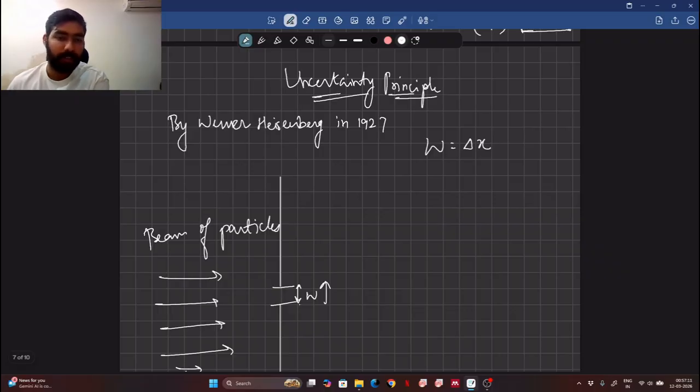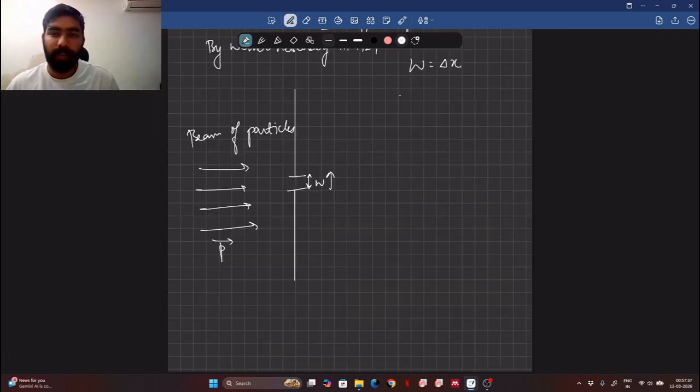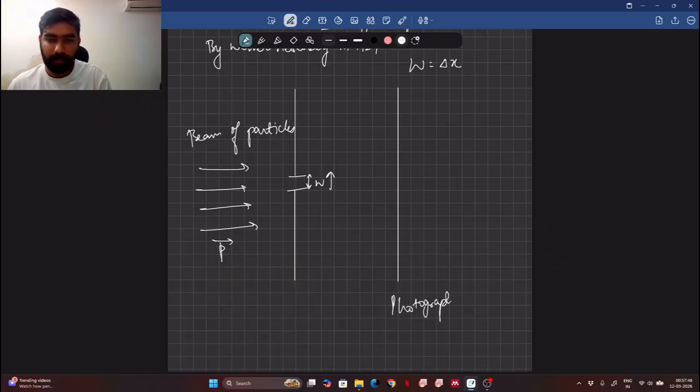So here we are changing the width, we are increasing the width, and we are basically seeing what will happen to the beam of particles when we increase the width of the slit. Okay, and there is a photographic plate. This is the motion of particles.